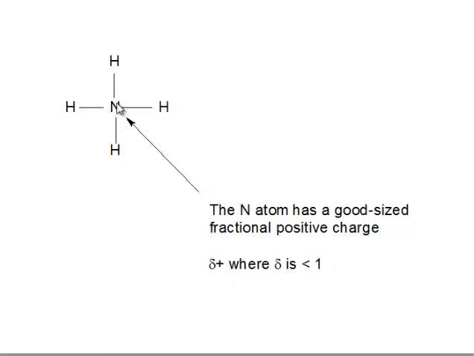It doesn't mean it's an ion, it just means the electrons tend to spend more time around the hydrogen. Not quite enough time around the nitrogen to totally neutralize the positive charge of its protons in the nucleus. So it has a fractional charge within the molecule.